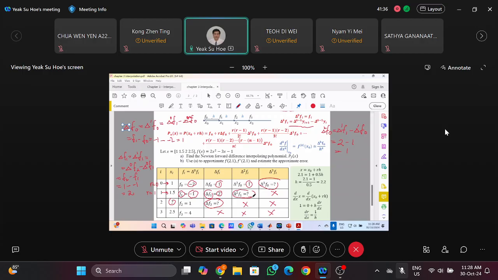Then you try to answer this. What is this? And after that, you calculate this. Then you will get the whole equation here. So this is the equation, and you want to calculate F 2.1. So for the 2.1, they are like this.